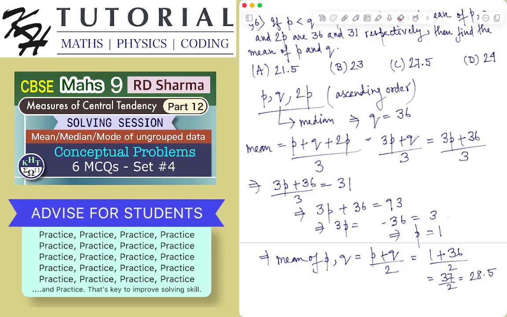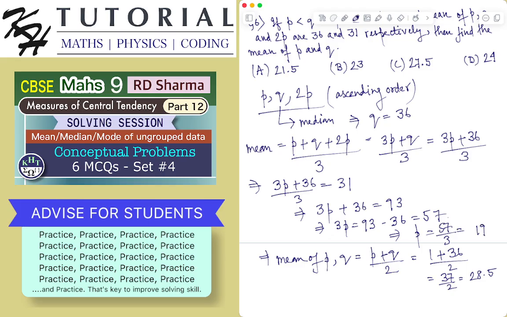So we have 3P equals 93 minus 36, which is 57. So P is 57 divided by 3, which is 19.